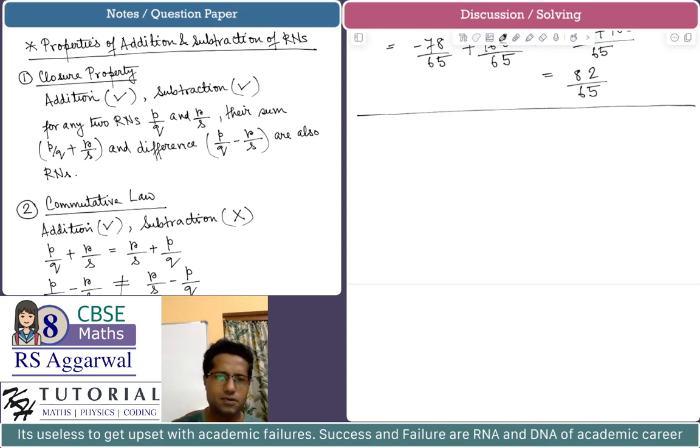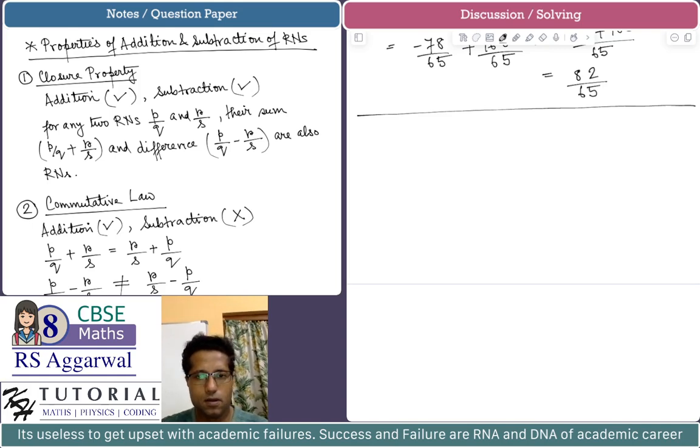This is a pretty simple concept, and need not be explained with any examples, because you can clearly understand that if you take any two rational numbers, their sum or difference will always be another rational number. So the operations of addition and subtraction on rational numbers are closed. So this is about the closure property of addition and subtraction.